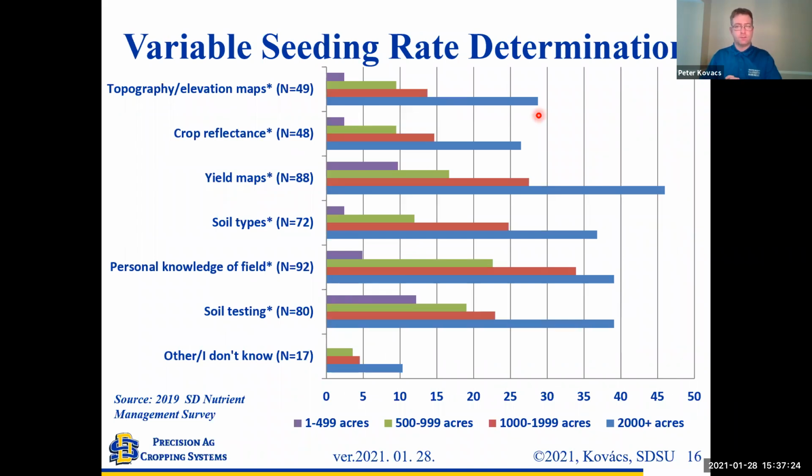For the seeding rate, we have a similar pattern: 15 to close to 30% of the producers are using the topography map or elevation map to determine their seeding rate, but still the yield map and the soil types are the important factors.